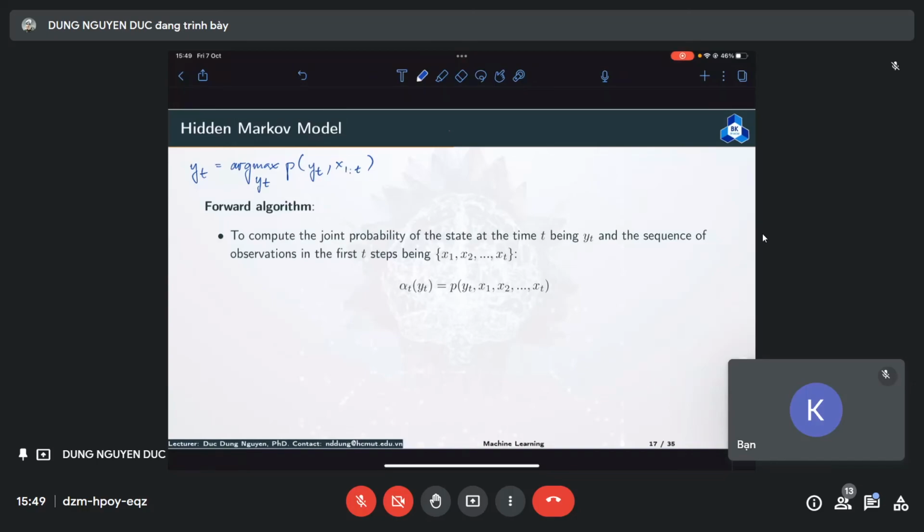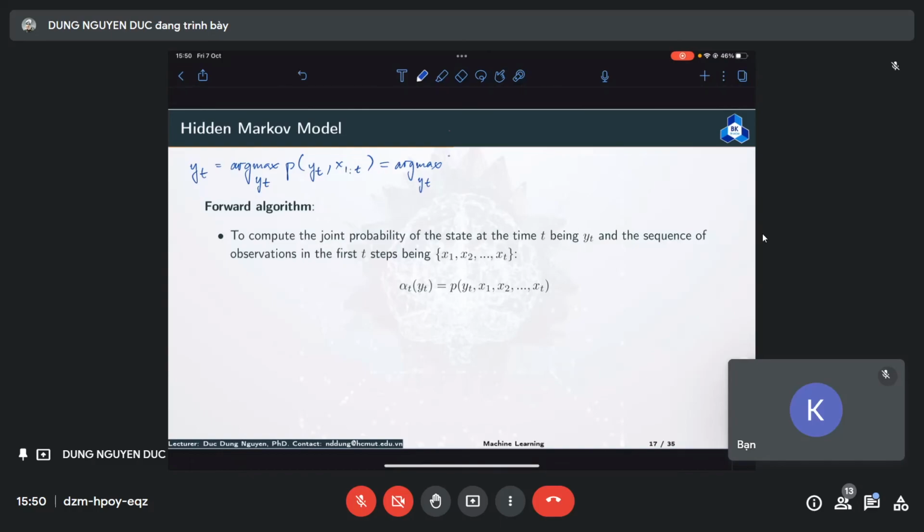Okay? And then I would like to expand it once by adding one hidden state, yt minus 1, into the formula. If you learned statistics before, this is equal to argmax over yt. Now let me add p of yt, and I want to add one random variable yt minus 1 into the formula.